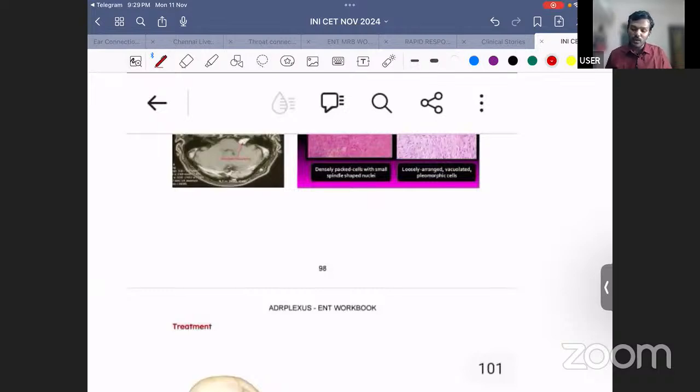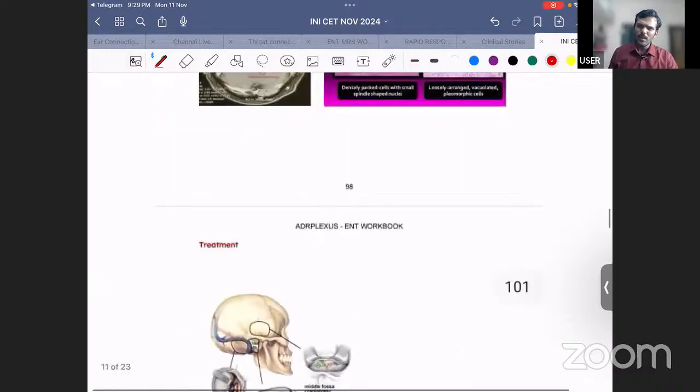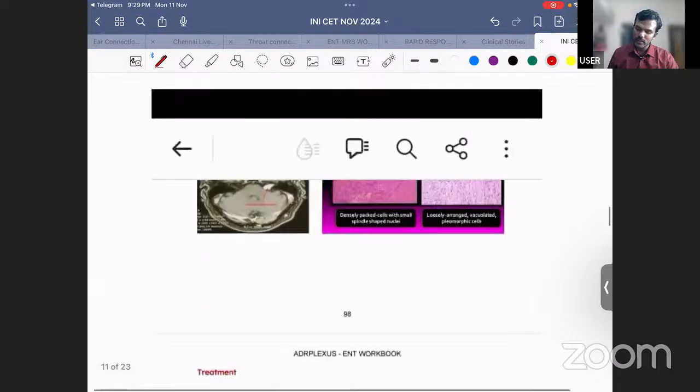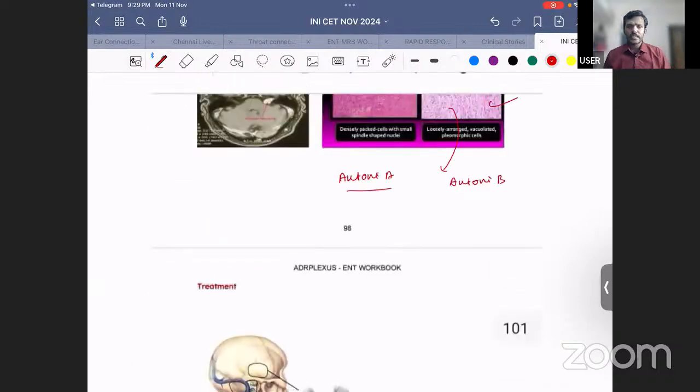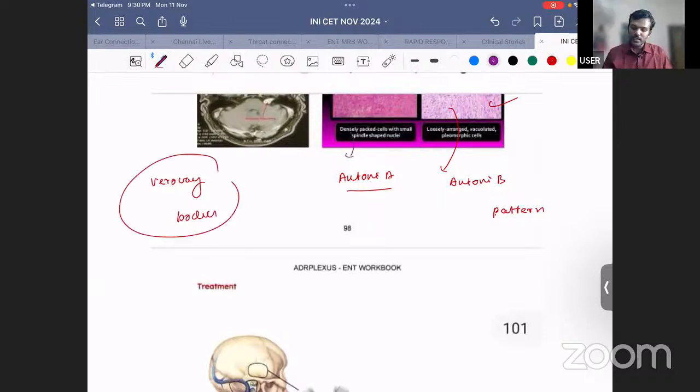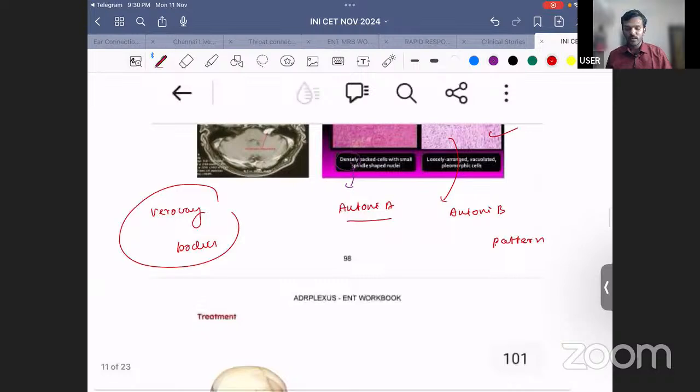When sent for histopathology, it will show Antoni A and Antoni B patterns, and you will also see Verocay bodies. If it is densely packed, it is Antoni A pattern. If it is loosely packed, it is Antoni B pattern.